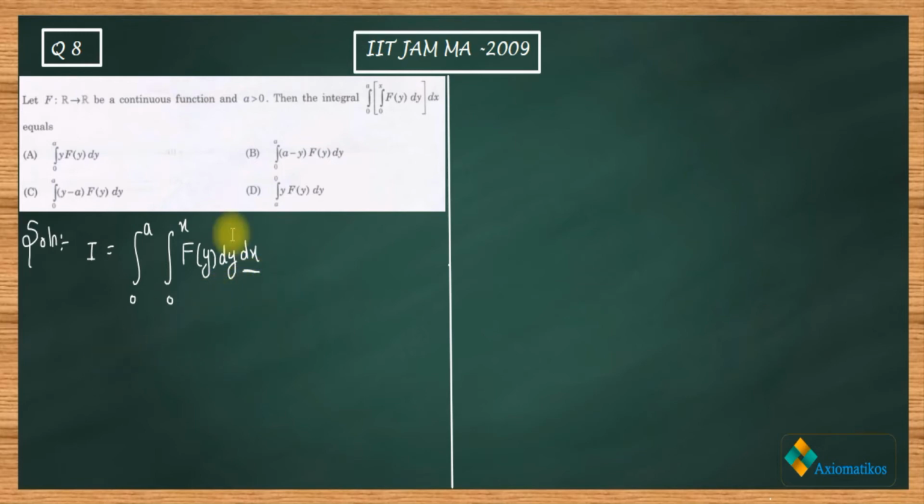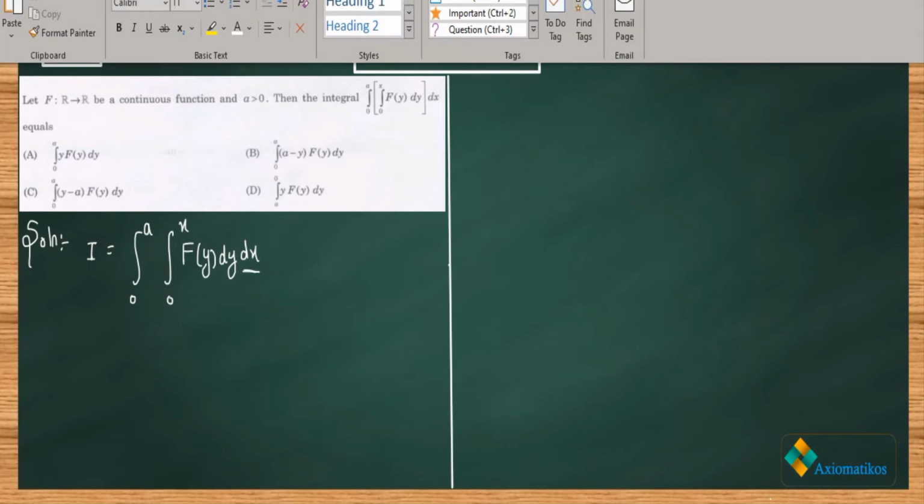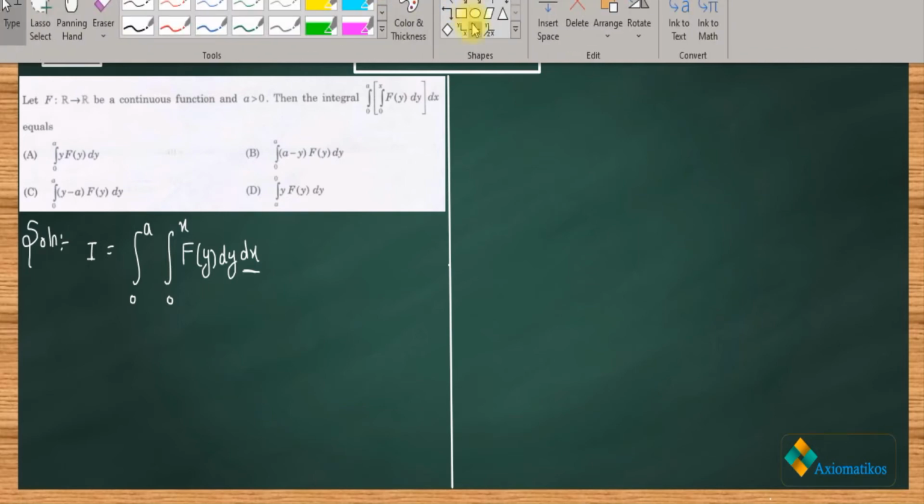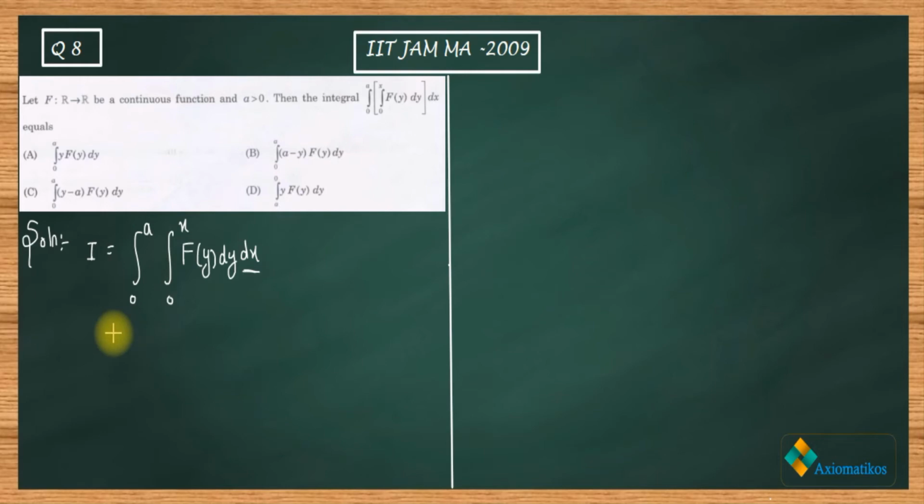So let me draw the graph here. Just wait a second, let me draw it for you. Let us say this is your Cartesian plane, with this as your x-axis and this as your y-axis.